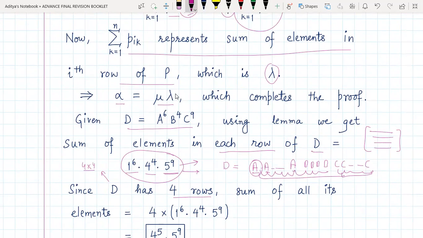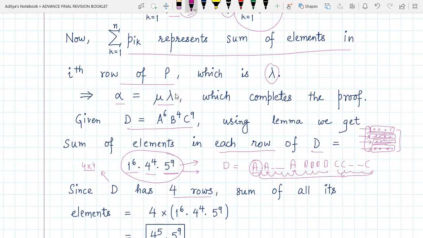So if we want to find the sum of all elements in D, what would that be? This plus this plus this plus this plus this plus this. So all the elements we have to sum up, right? But I can also say it like this: sum of these elements plus sum of these elements plus sum of these elements plus sum of these elements. So basically the sum of all elements in a row plus the sum of all elements in another row, and similarly for all the rows.